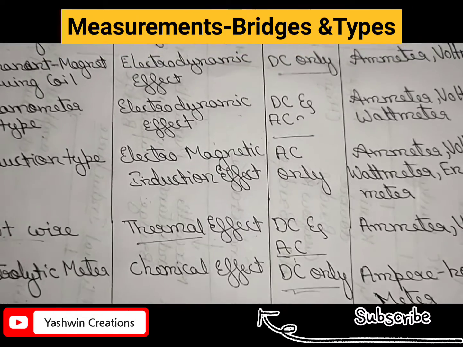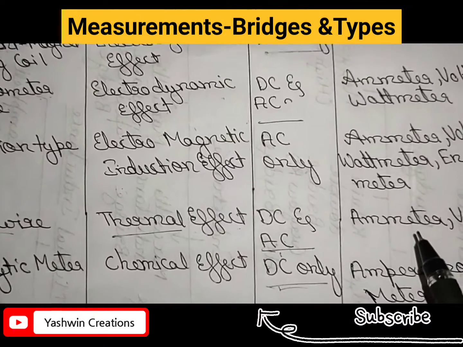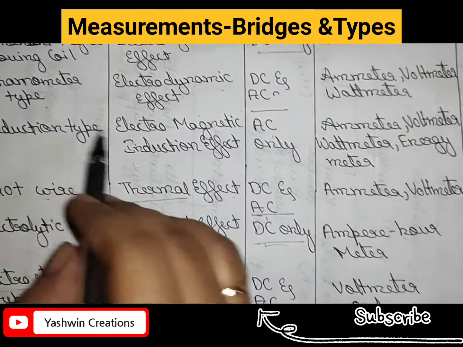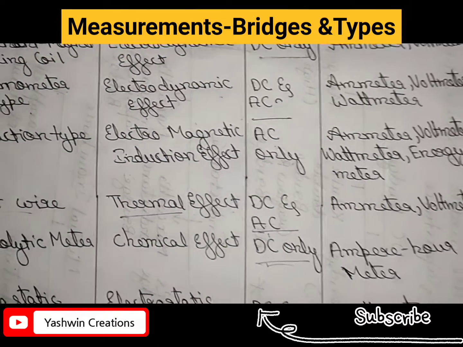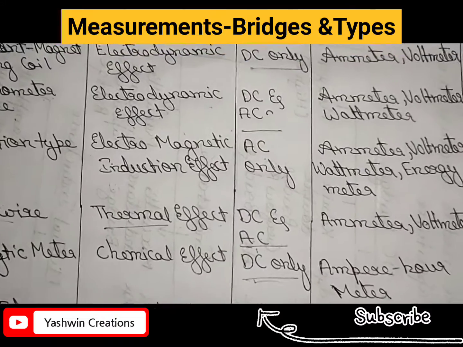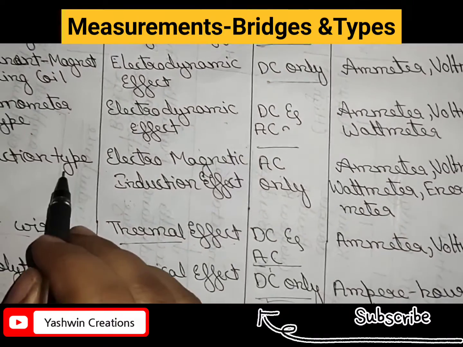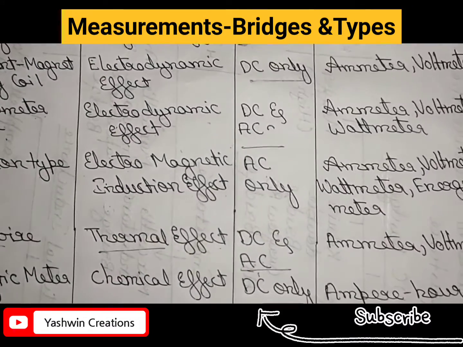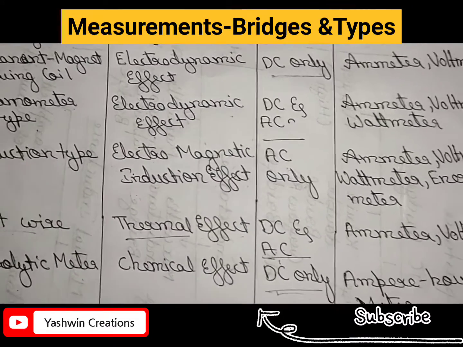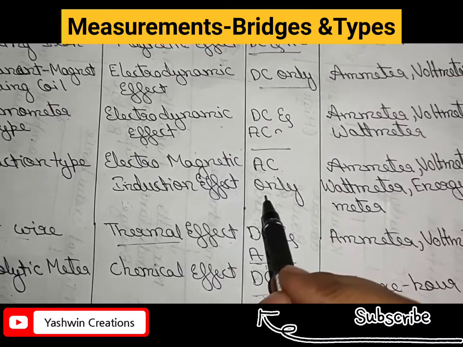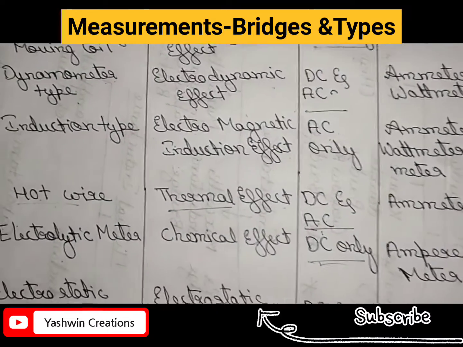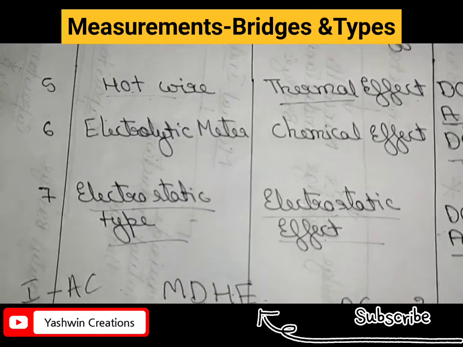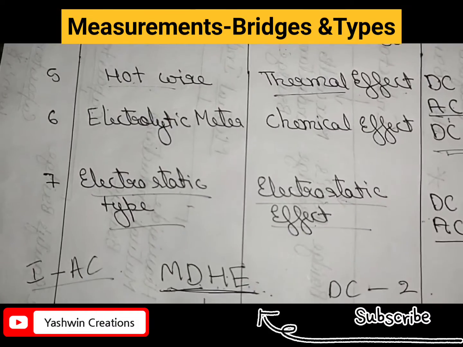Next, only for AC, that is the AC induction type. Induction type, electromagnetic induction effect. This is used for AC. I is nothing but induction; remember IAC.